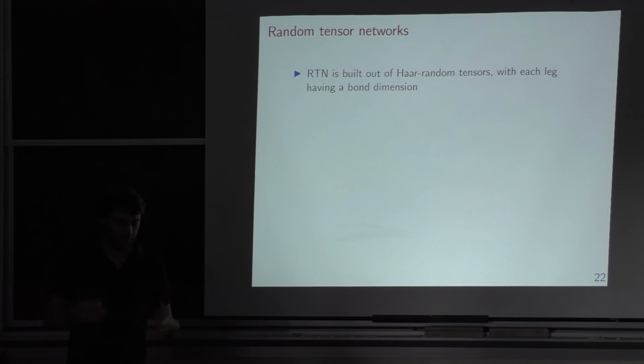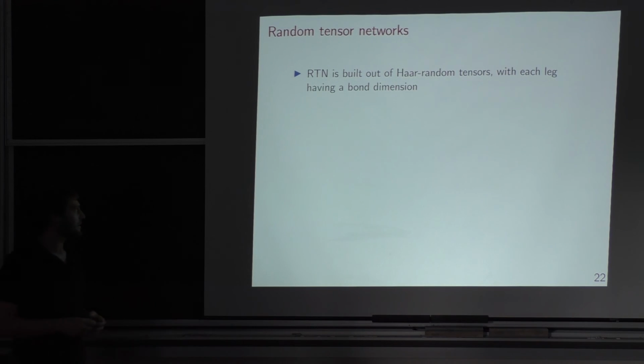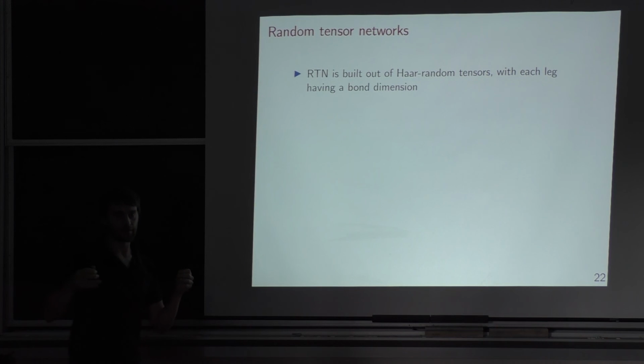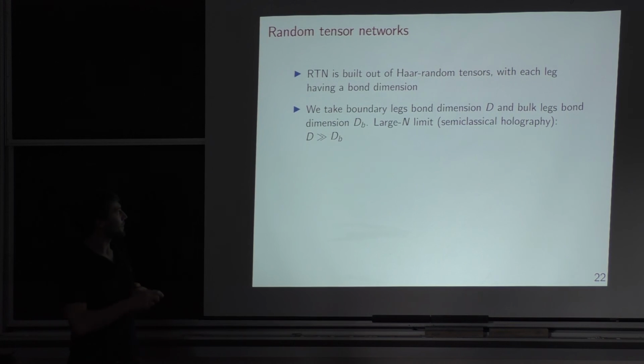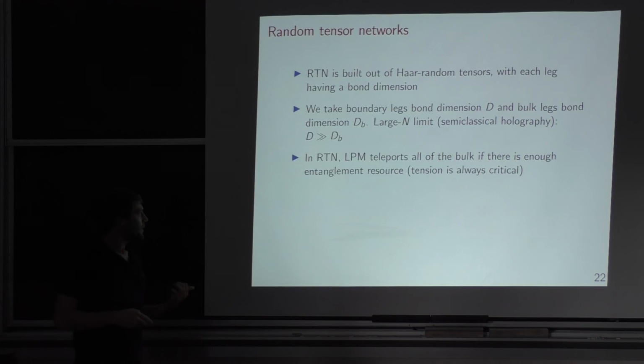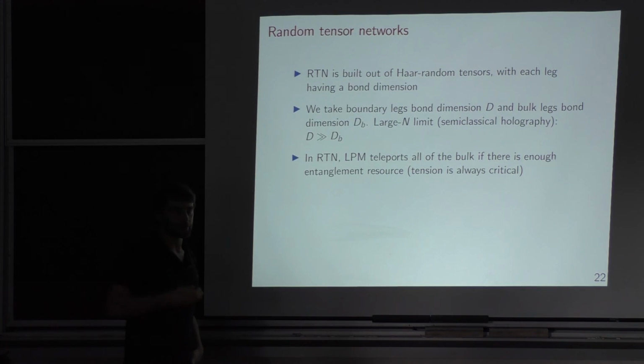If you have a random tensor network, it is built out of Haar random tensors, and each leg in the network has a bond dimension, which is a very useful feature for holography because you can tune towards the large limit of semi-classical holography by taking the boundary bond dimension, D, to be much larger than the bulk bond dimension. Now, we saw in this random tensor network analysis that the tension is always critical, so you always teleport all of the bulk when you perform a measurement.